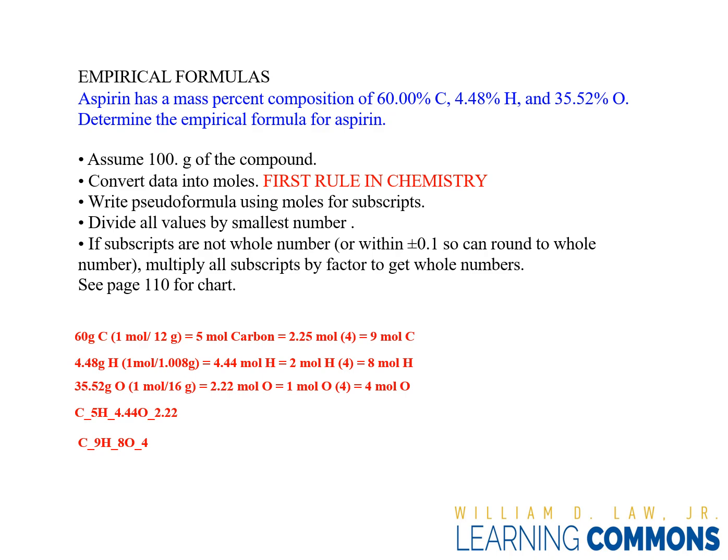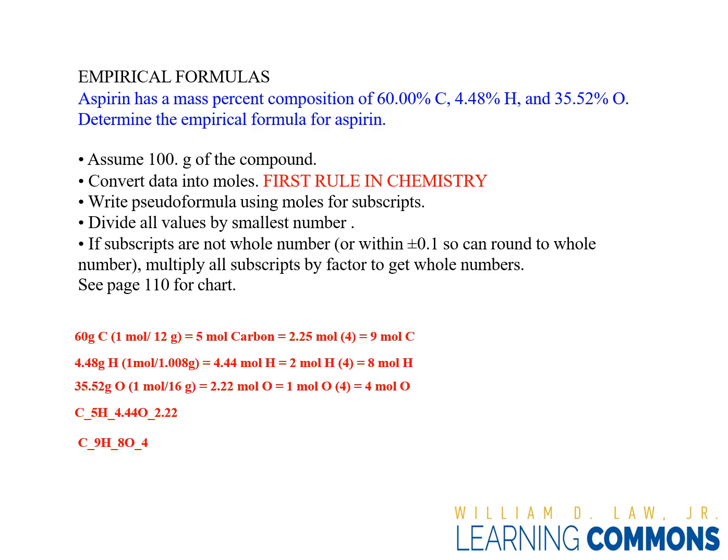For the empirical formula, for this topic, I have to know the empirical formula if they give me some percentage or grams for the compound. For this example, the aspirin has a mass percentage composition of 60 carbon, 4 hydrogen, 35 oxygen, and then they ask me to determine the empirical formula for the aspirin.